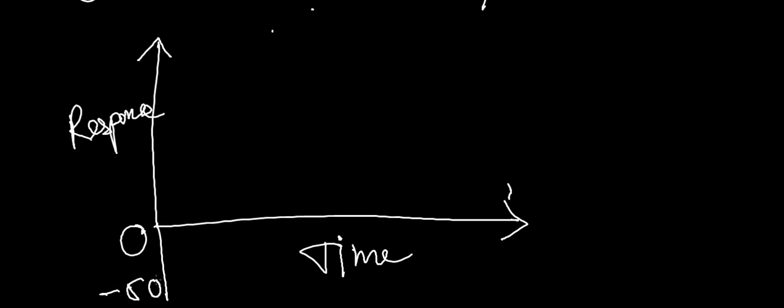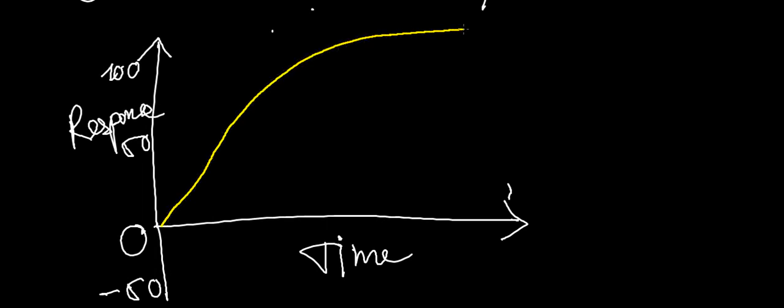For example, here you have minus 50% response, 50% here, and 100% here. First, if you have a full agonist, it will be something like this. This is a full agonist, so it will cause 100% response. And then if you have a partial agonist, it will cause a response running in this range, so maybe 50%, 60% here.